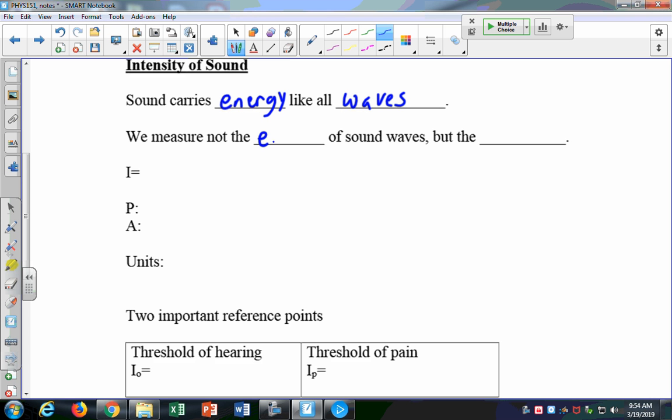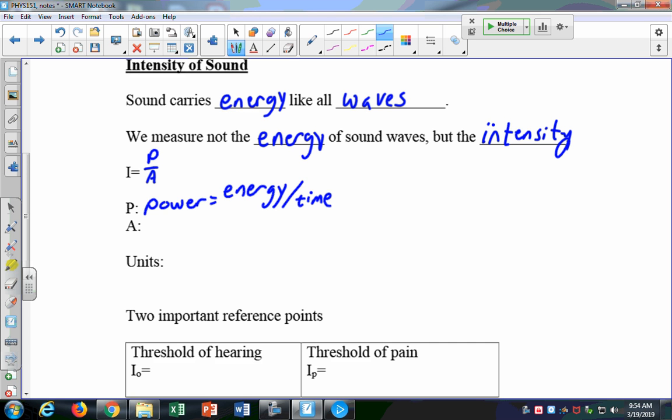Instead, we measure the intensity, and it's related to the energy. The intensity is equal to the power divided by the area. And remember, power, P, is equal to energy over time. And A here is area.